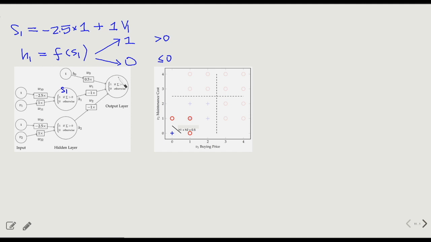Okay, so the cutoff is really at 0 here, but with the weight for the bias of minus 2.5, the cutoff is actually at 2.5. So the separation between 0 and 1 at the hidden layer is really this linear function of minus 2.5 plus V1 equal to 0.